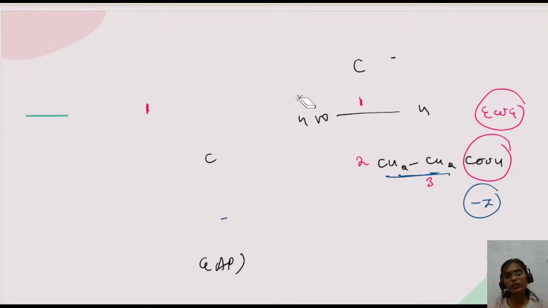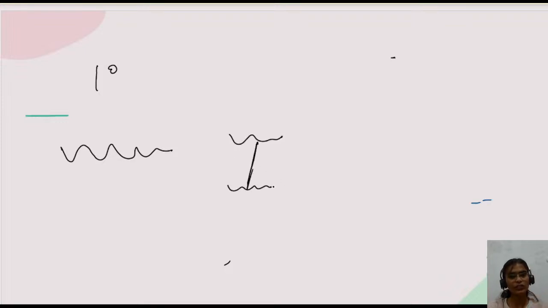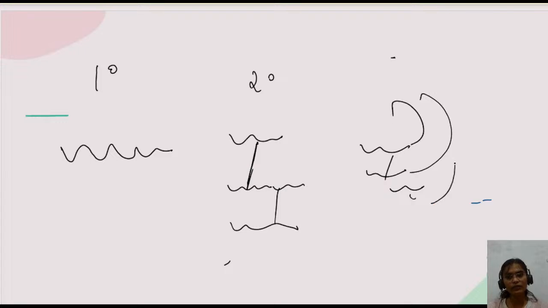First of all, the story is like this: we are trying to make a kind of complex structure. First, we have normal chains. Suppose this is one chain; it's the primary structure. Now two chains combine and form a branching; many chains combine and branch, and that's the secondary structure. Now the branches, with so many branchings like this, start coiling with one another.